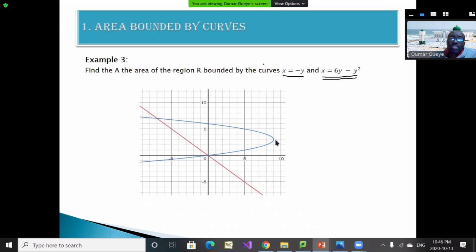In this case, you can see this is the area that you want to calculate, between the blue parabola and the red line.